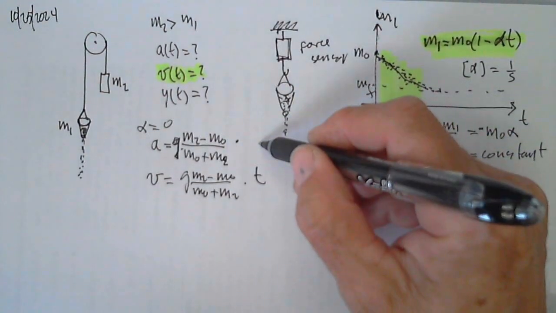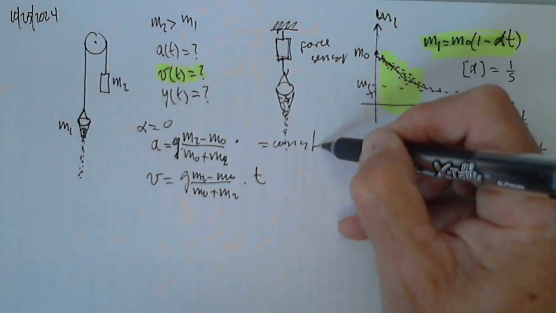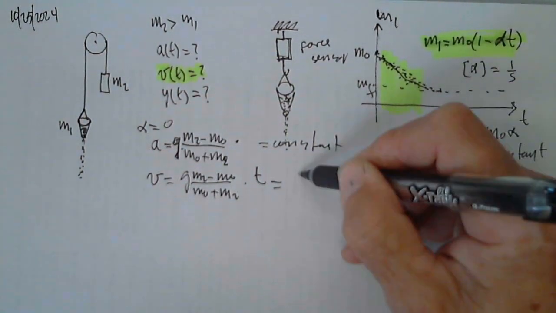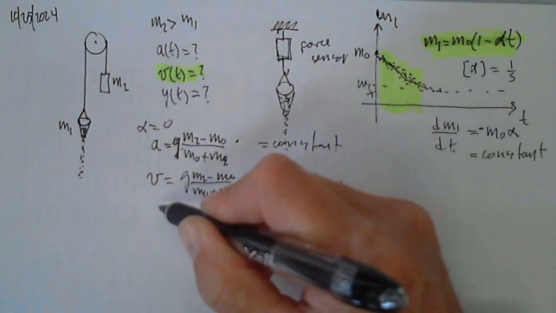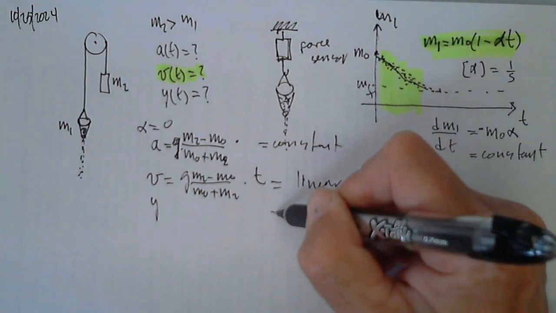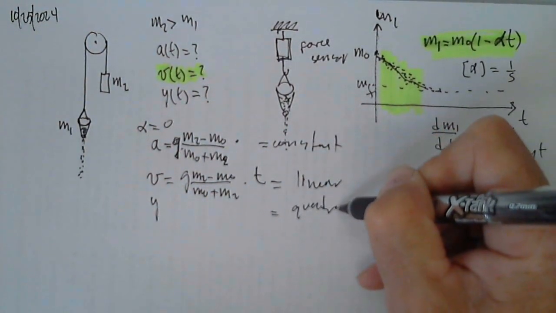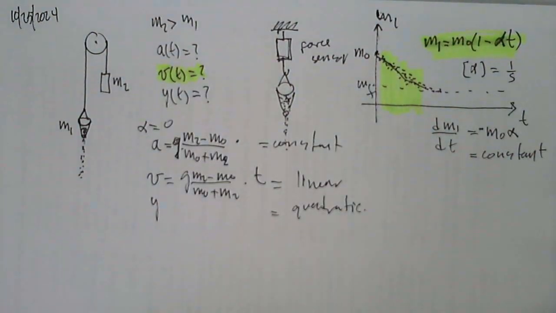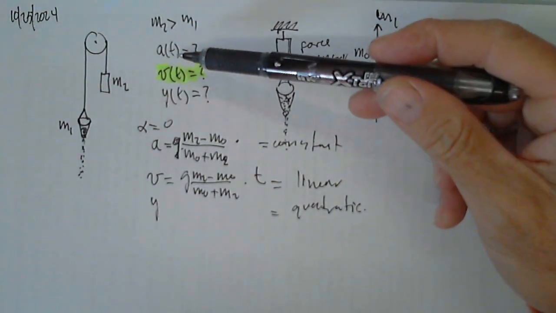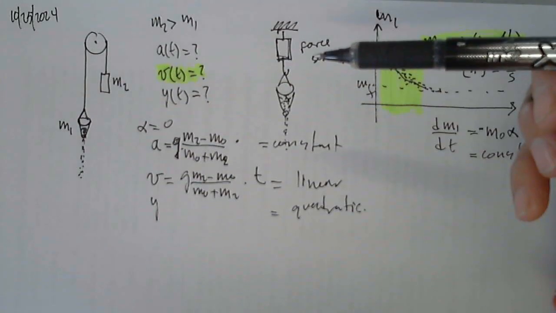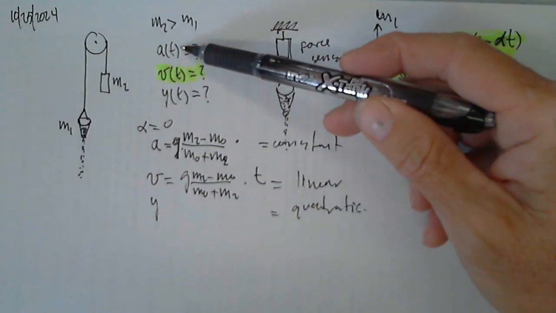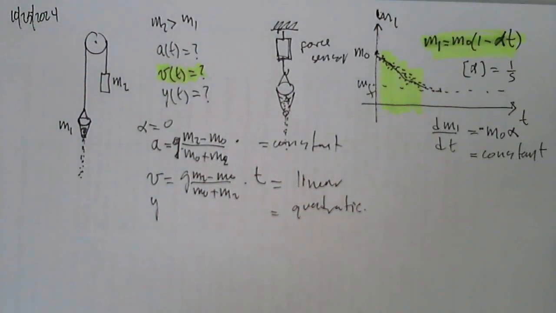Acceleration is constant. This is linear. Position versus time is going to be quadratic. And we are going to see that now these are functions of time, and it's supposed to be bigger than these expressions over here.